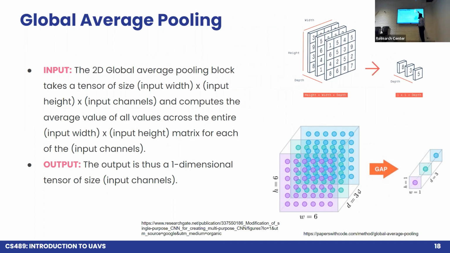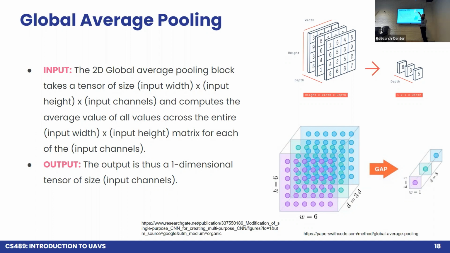So all this image here, for example, the average will be 5. Then we take this image and the average will be 3, and this image, the average will be 1. So we go from, for example, a 3 by 4 matrix to only a 3 by 1 matrix.